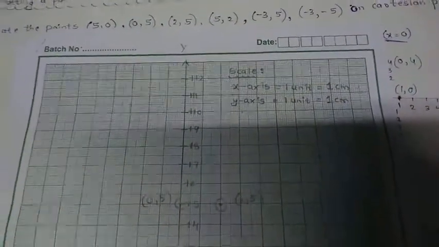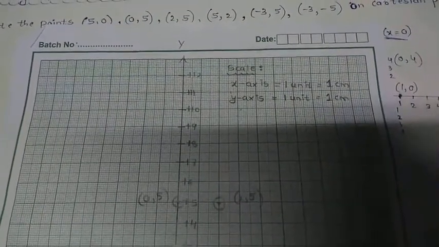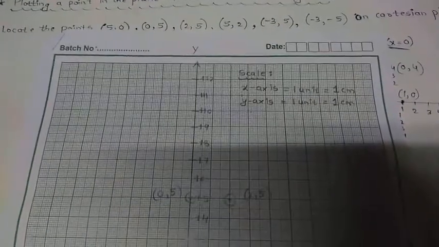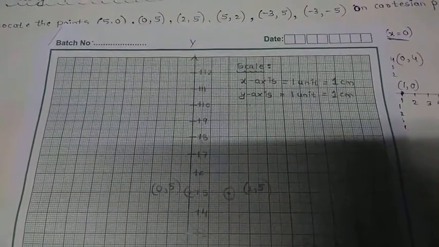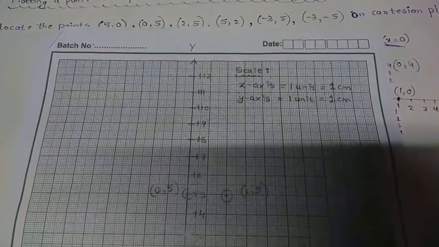Next, what we will be plotting? Minus 3, 5. Be careful here, it contains a negative sign. So first take minus 3, and then we have plus 5, so you have to go above. If the symbol is positive, you go above on the y-axis, and if the symbol is negative, you go below the y-axis.